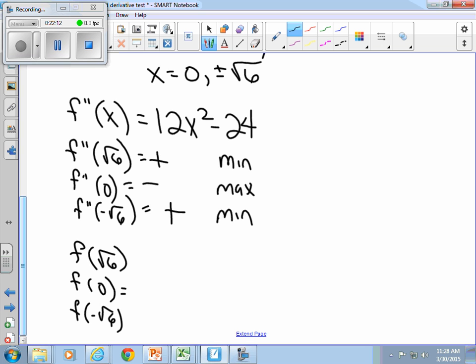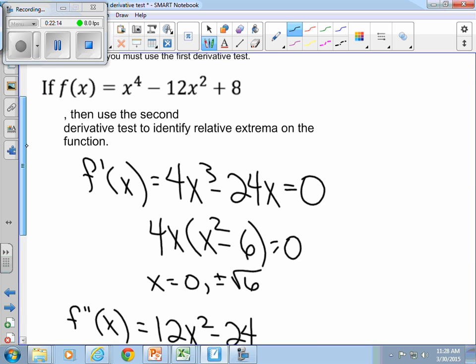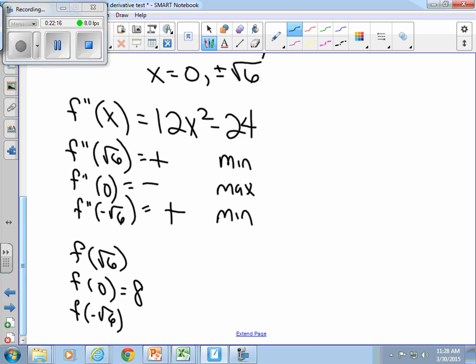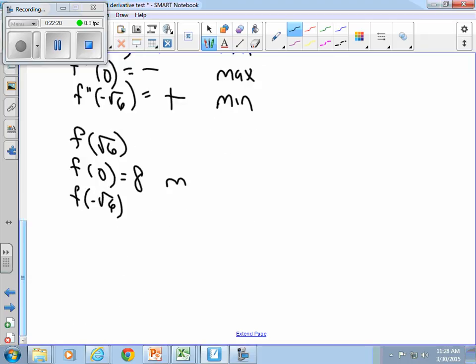The f of 0 is pretty easy. 8. Negative 28, go down again.